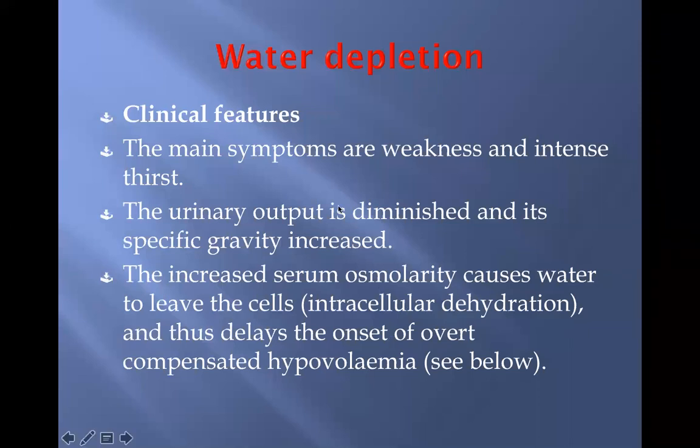Second, the urinary output is diminished and its specific gravity increased because the urine becomes concentrated. The increased serum osmolarity causes water to leave the cells, causing intracellular dehydration, and thus delays the onset of overt hypovolemia.